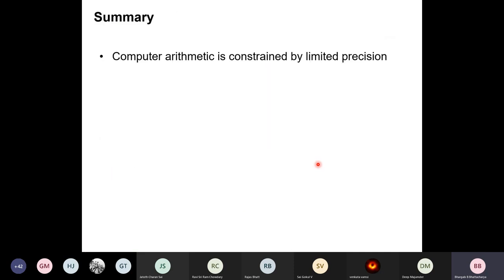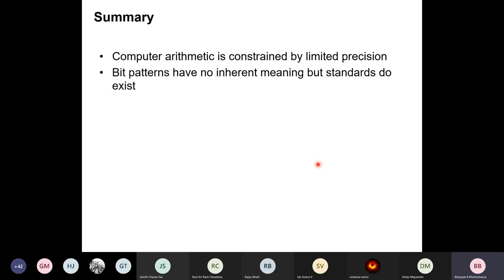So in summary, computer arithmetic is constrained by limited precision, both in the integer domain as well as in floating point arithmetic. Bit patterns have no inherent meaning, but depending on the execution cycle, the machine interprets them. We have standards like the IEEE standards for interpretation of floating point and regular standards for interpreting integer numbers.